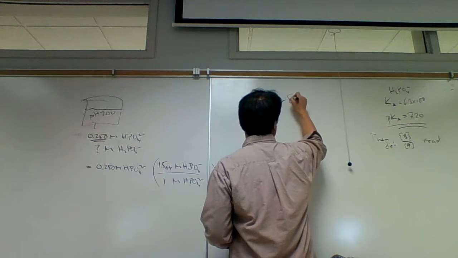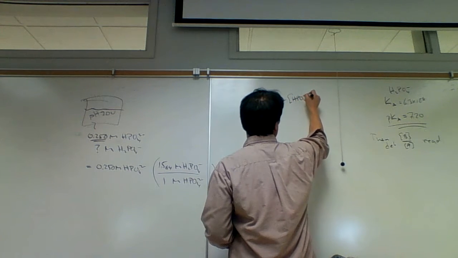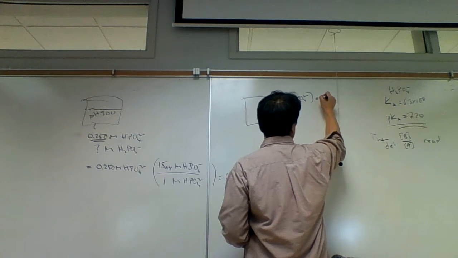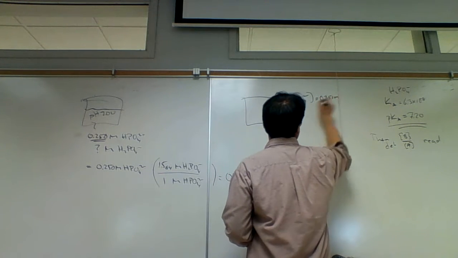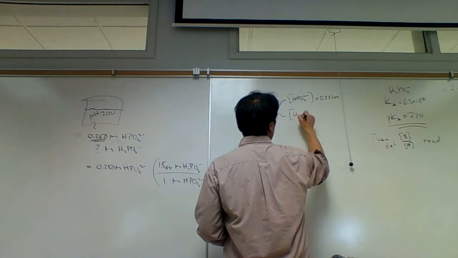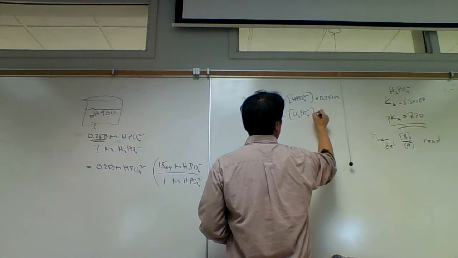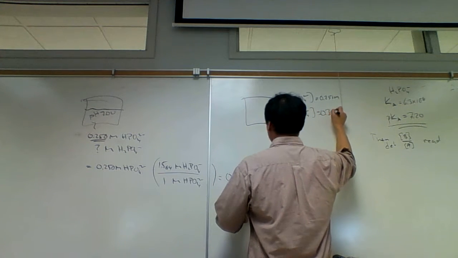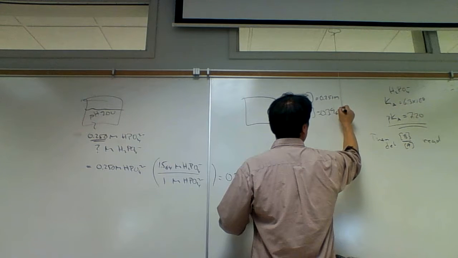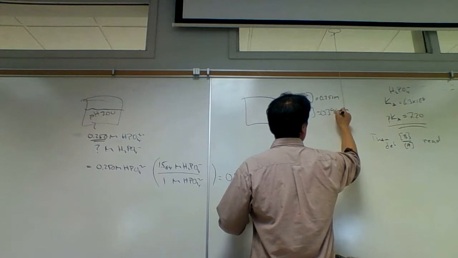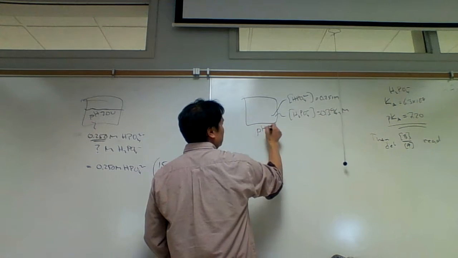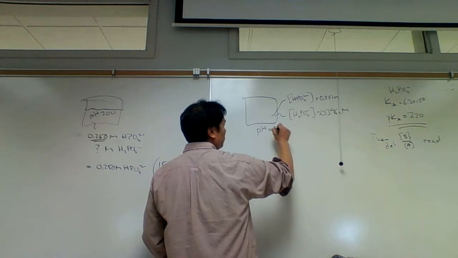So the base HPO4 2 minus is 0.250 molar. The acid H2PO4 minus will be 0.3962 molar. And the pH with this ratio will be 7.00.